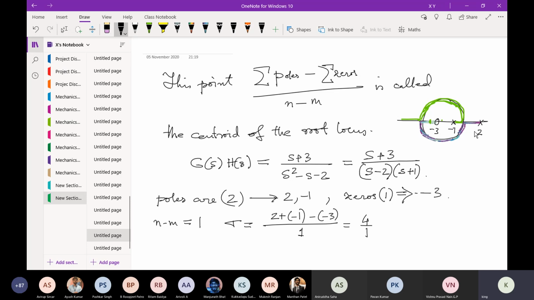But for this particular example, it is not going to make much sense, because if you look at the asymptotes, they are 180 degrees apart. Then this is a closed shape, so 4 shouldn't be inside this.